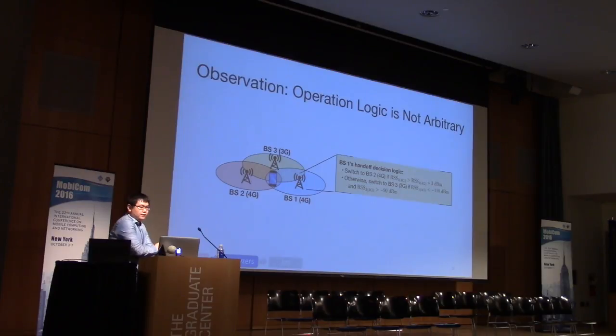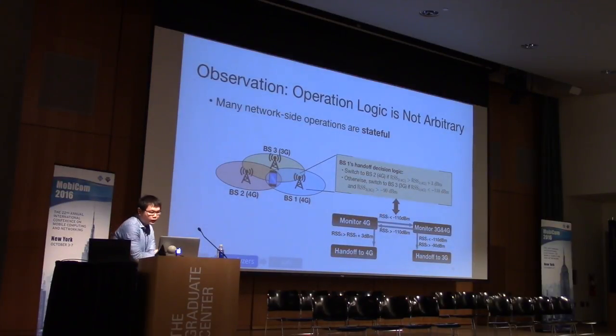Our key observation is that the operation logic is not arbitrary in reality. Actually, it has two very important features. First, a state represents the management control command issued by the base station, or handoff command, which asks you to monitor neighbor cells or do a handoff.